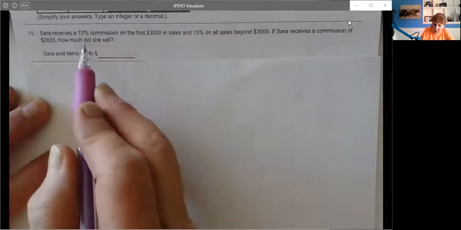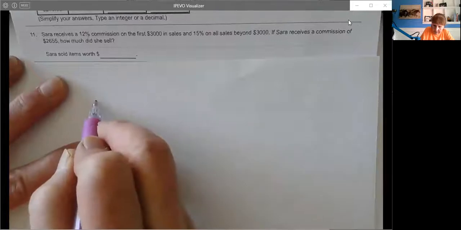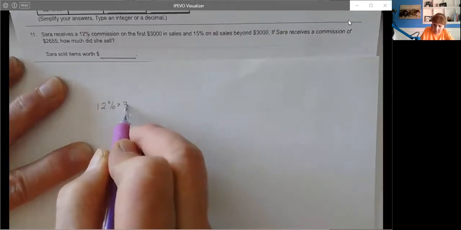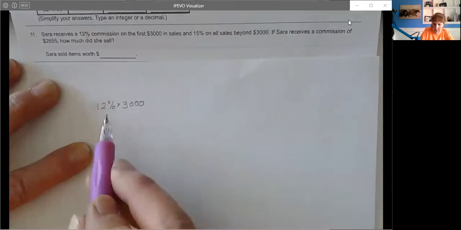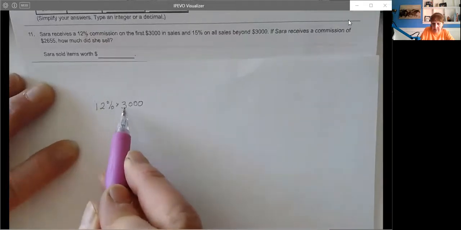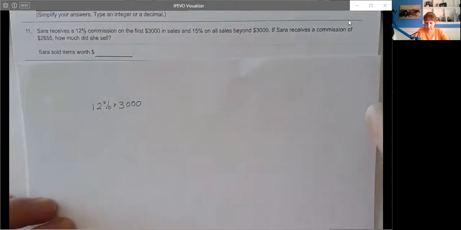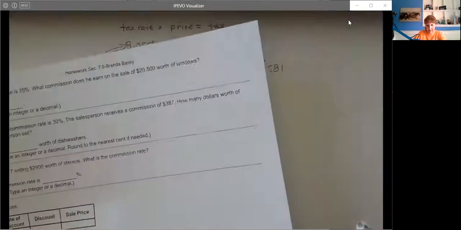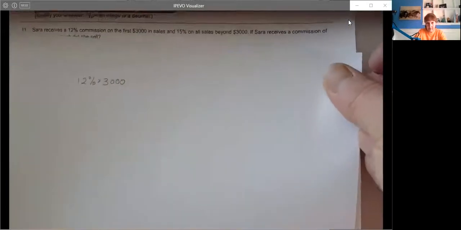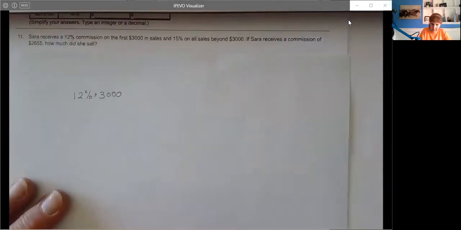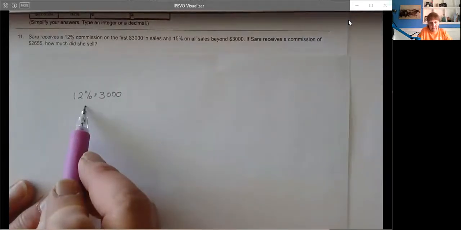Well, I know that we have 12% for the first 3,000. So we take the commission rate times the sales. Plus, I'm going to move this down so I can write easier. So we have 12% times 3,000.